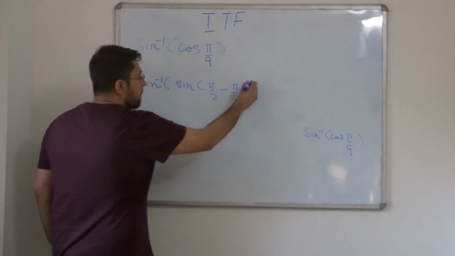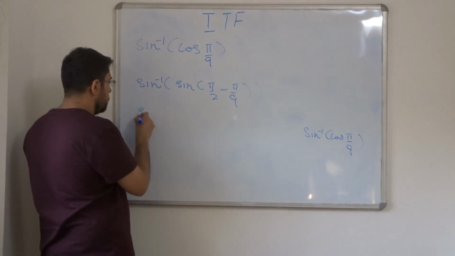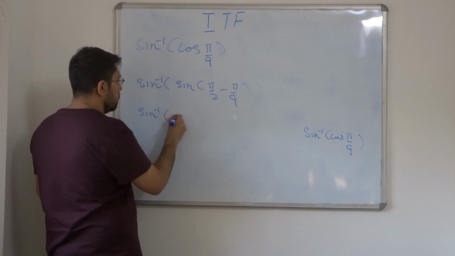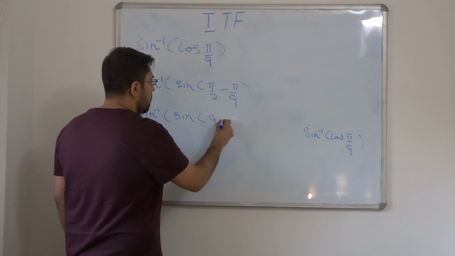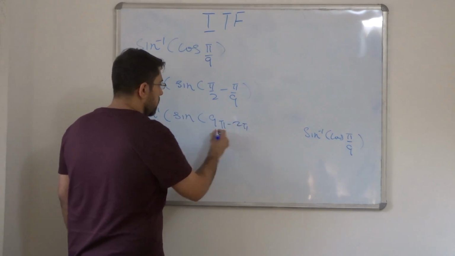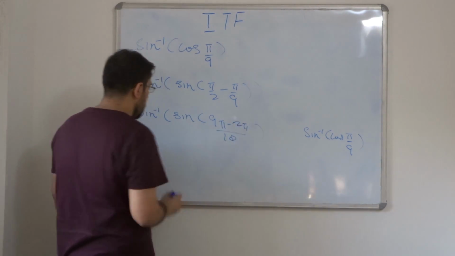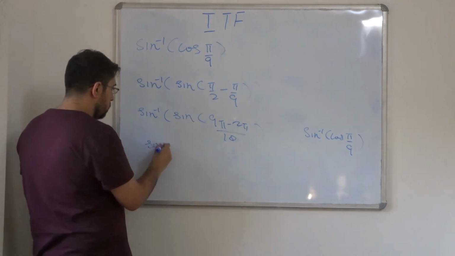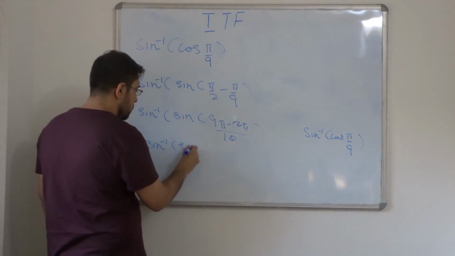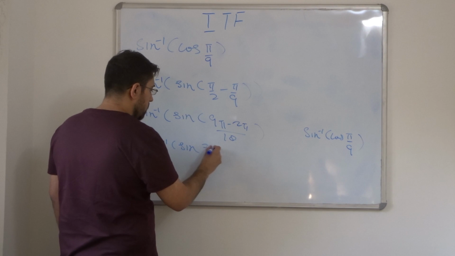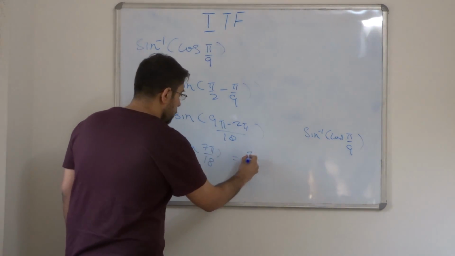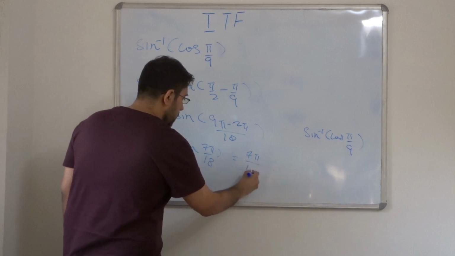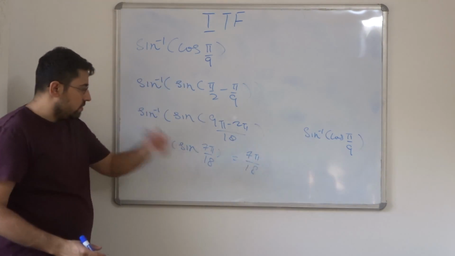And then what do you get, guys? So then obviously you get 9 pi minus 2 pi upon 18, and then you get 7 pi upon 18. So the answer is 7 pi upon 18.